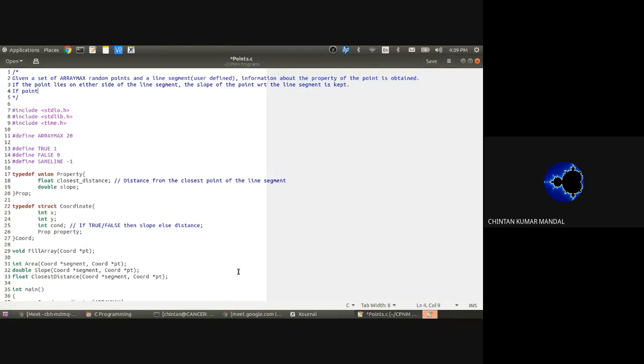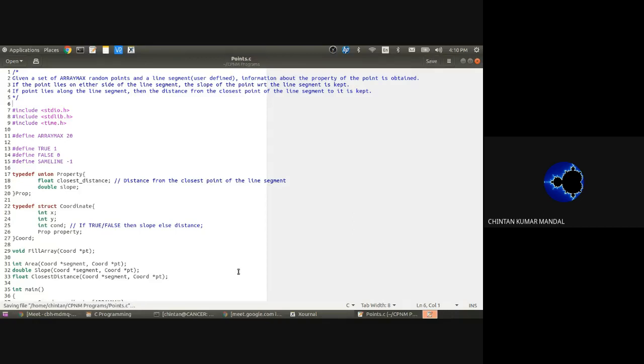If the point lies along the line segment, then the distance from the closest point of the line segment to it is kept.